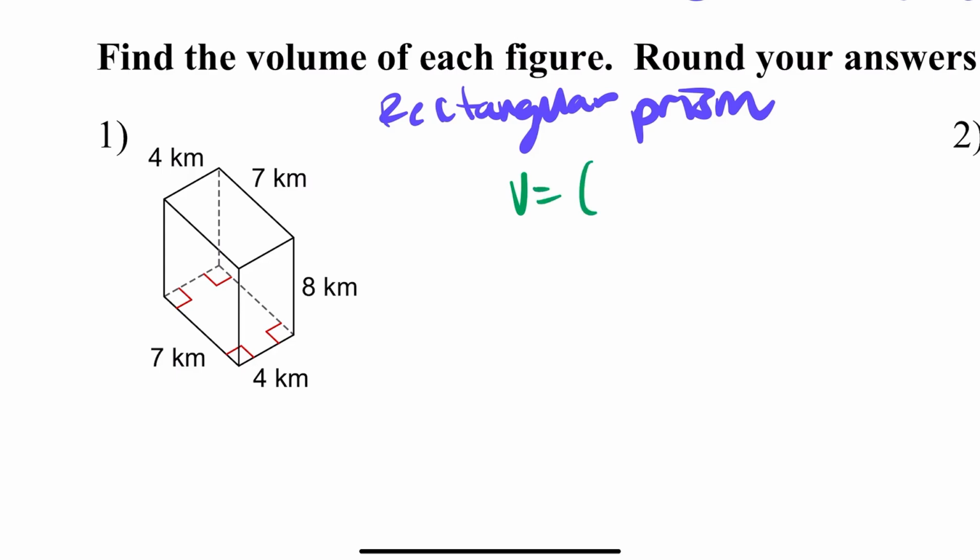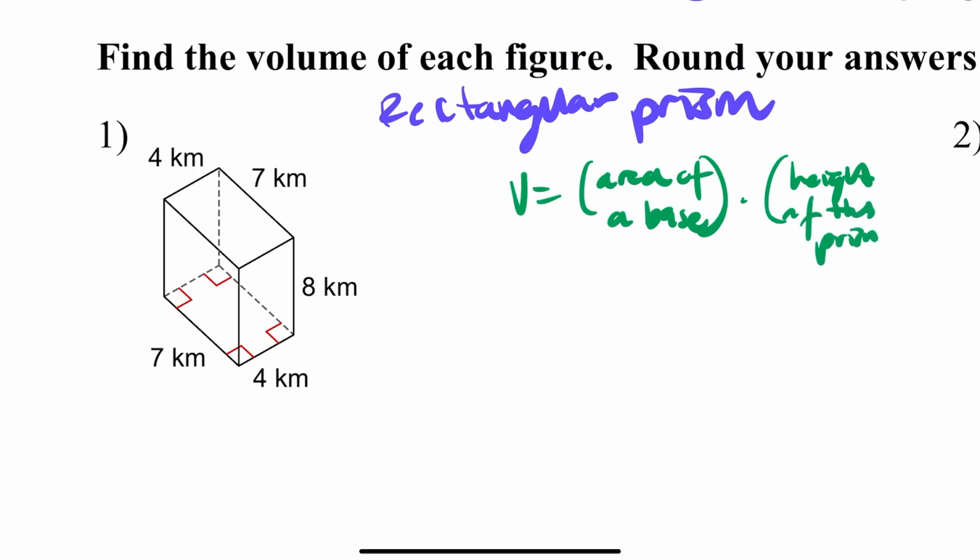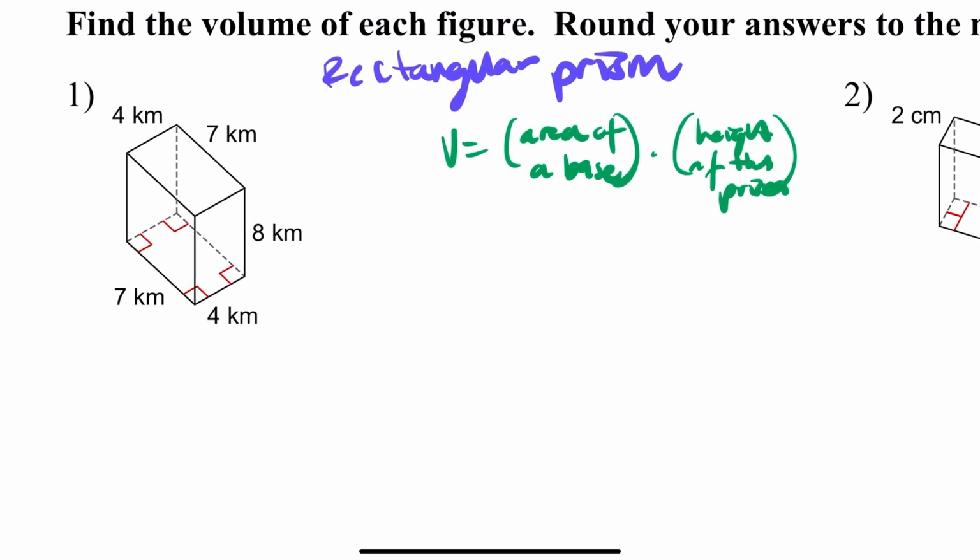So I need the area of a base, and I need the height of the prism. Writing that a little bit sloppy, but the height of the prism is something you could usually find right away for yourself just by looking. And so we can look at this and see that the height is 8 kilometers. So I'm just going to write that here for later, okay? But now I can focus on finding the area of a base.